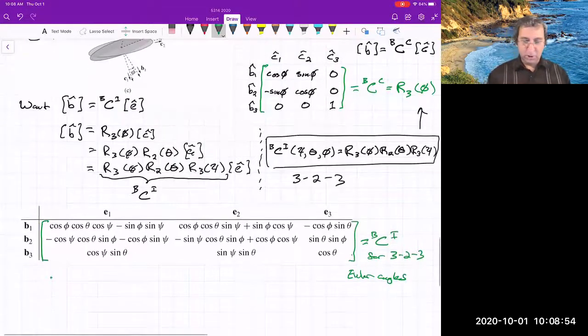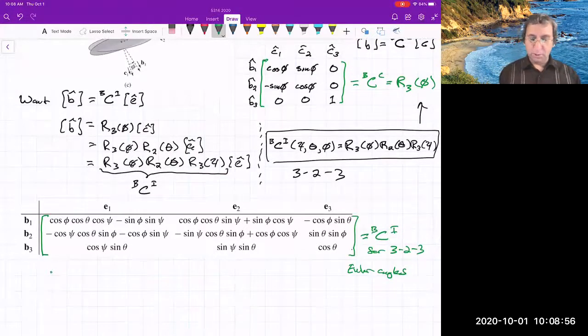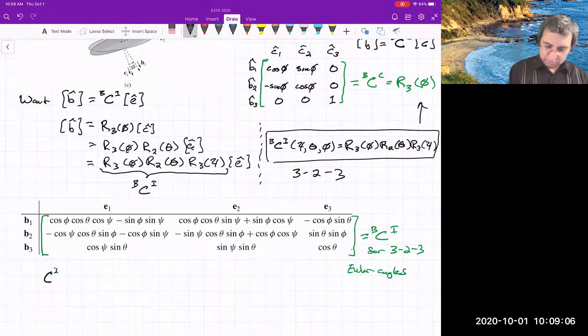All right. And I guess it's worth noting each of these components is what? So if I have each of these components of this matrix, let's say the ijth component is equal to bi dotted with ej.